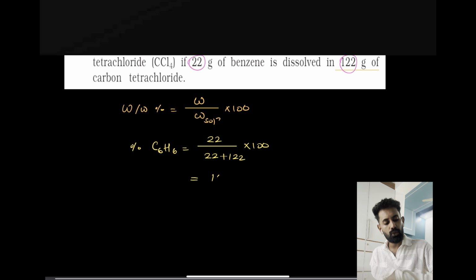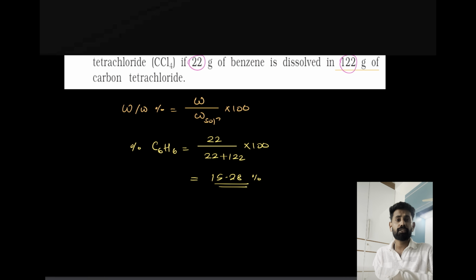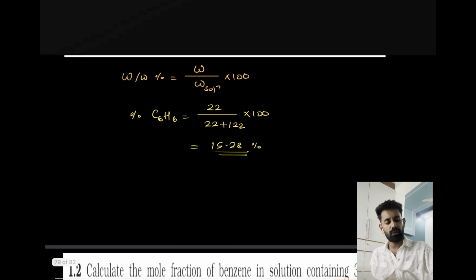So which will get you 15.28 percentage. So if this is the mass percentage of benzene, we can easily find the mass percentage of CCl4 by subtracting this value from 100. Okay, so that you can get.